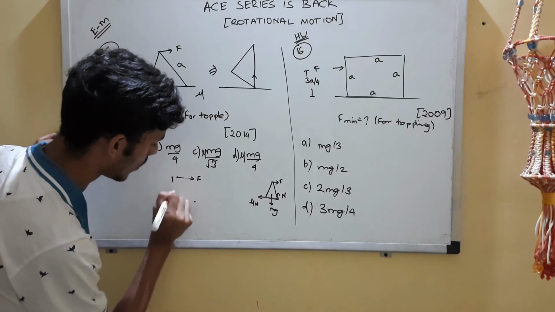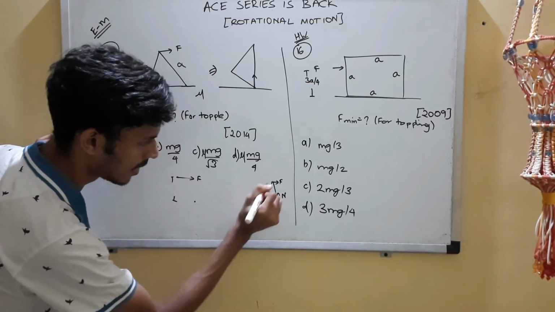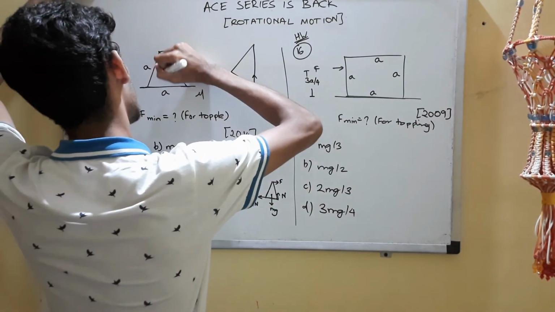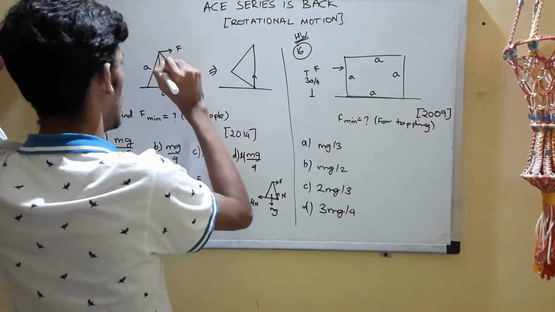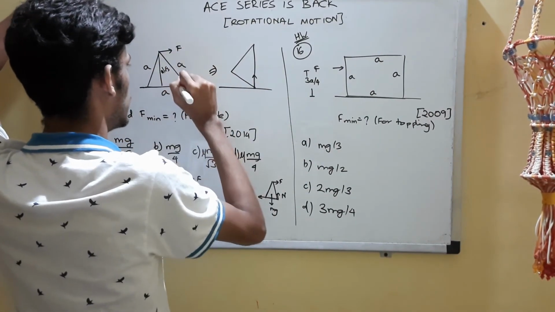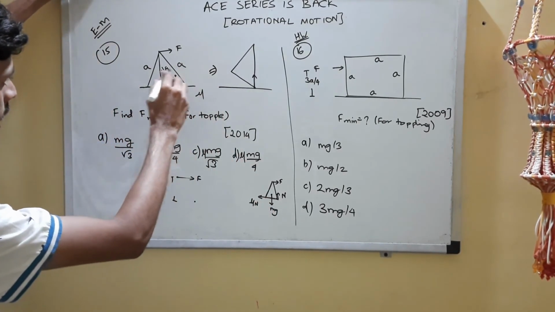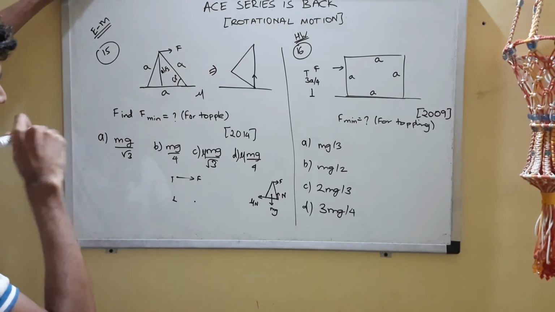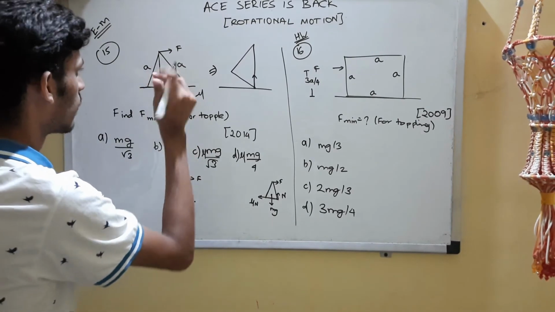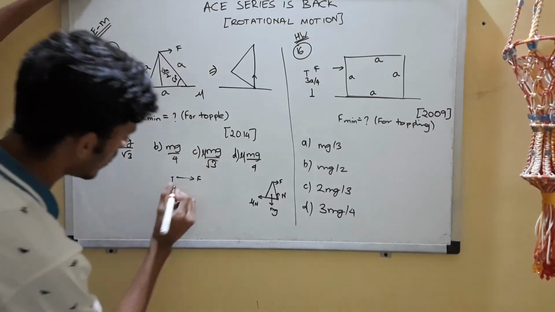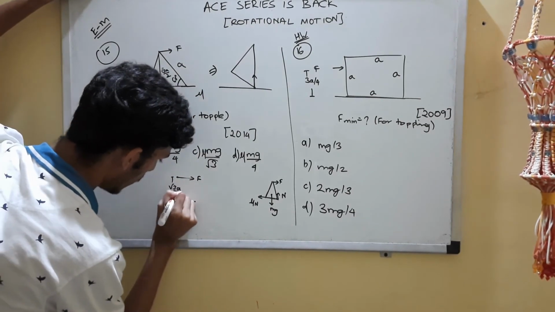You just have to consider the perpendicular distance, this height over here. The height of this triangle is given as a sin 60, and a sin 60 is root 3a by 2. So this distance is root 3a by 2.